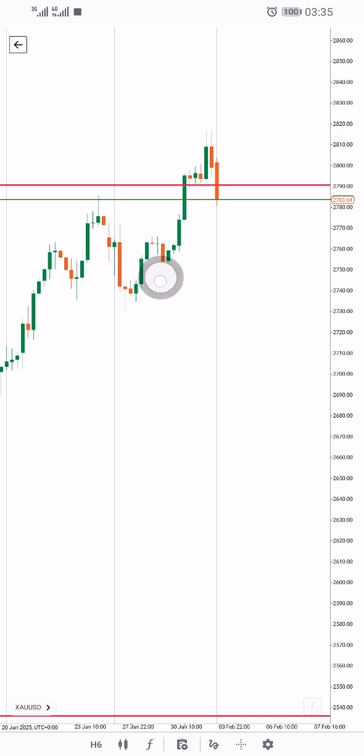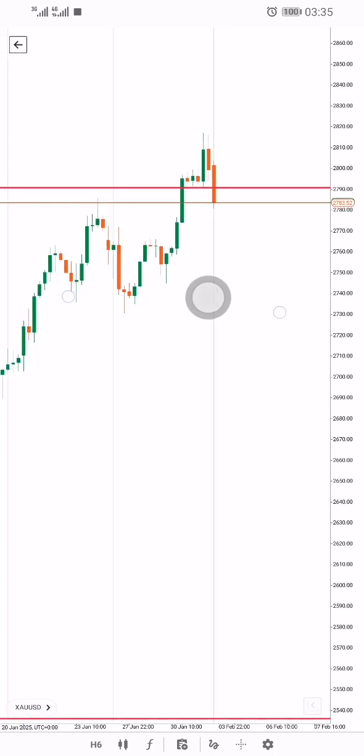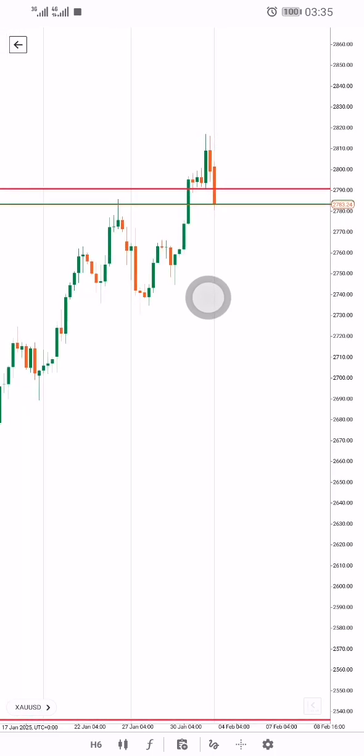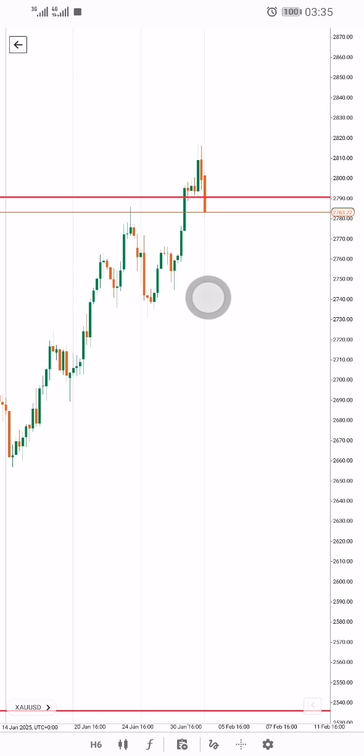Price returned back into the range and gave us an opportunity to buy, and then price again, there was some sort of range here, took the buy side liquidity, and now just reached for a draw on liquidity, internal range liquidity here, and then hopefully I'll be seeing some sort of bullish price action, reaching for the levels like 2,820 or 2,830, and then we might see price fall from that point then.